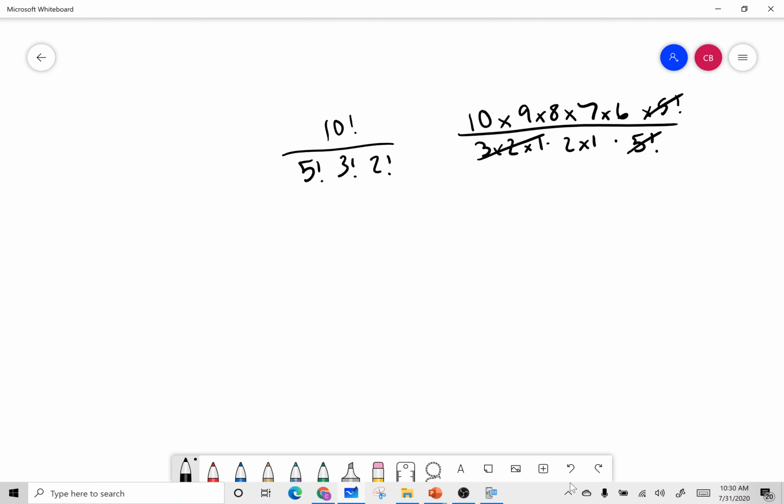This is 6, cancels. This is 2, 2 goes into 10 5 times, so this is 5 times 9 times 8 times 7, which turns out to be 2,520. Okay, so that is taken care of.